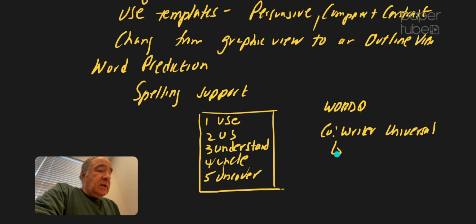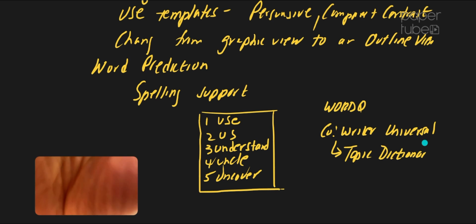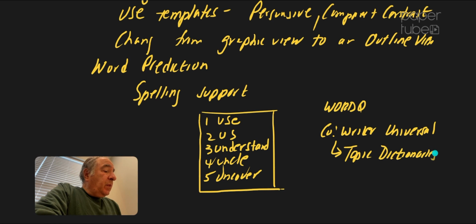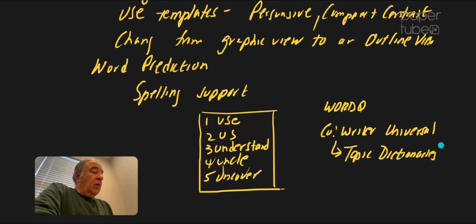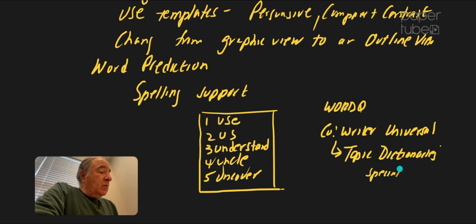One of the really nice things about Co:Writer is that it supports what we call topic dictionaries, so that if a student is writing about a particular topic, all those specialized words will be available for them to use.